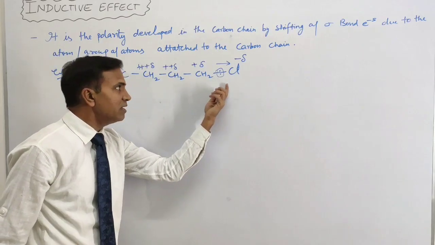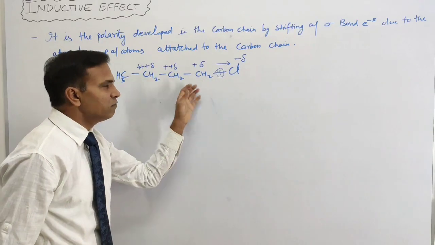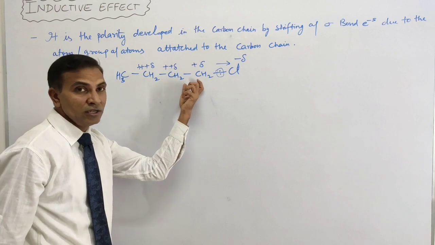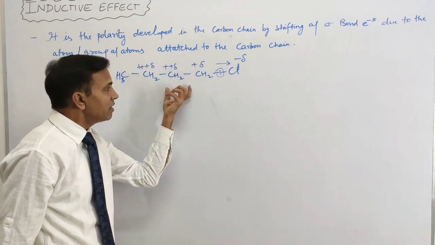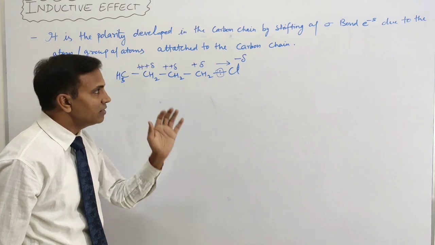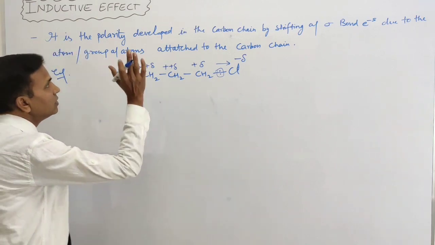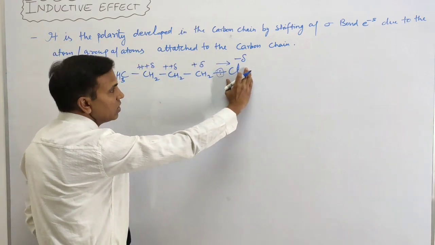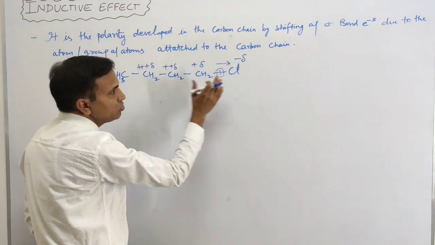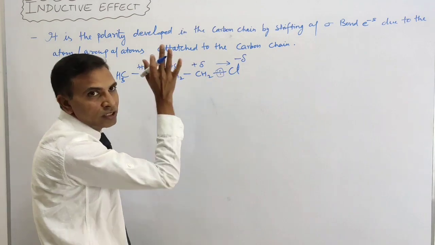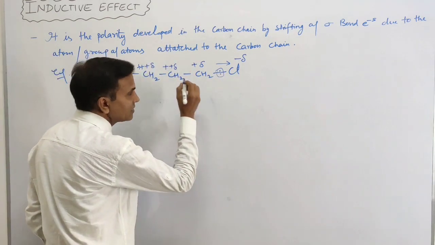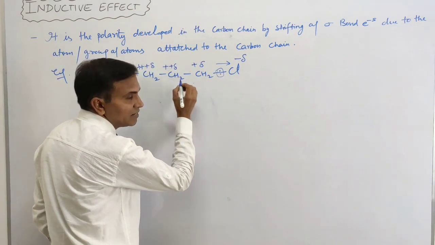If a releasing group is there, then it gets a negative charge, whatsoever it may be. The charge decreases as the distance increases, right? So here some charge develops on the carbon chain due to the atom attached, by the shifting of the sigma bond electrons. So here in this example, electron density decreases.